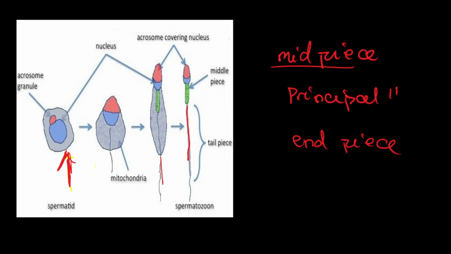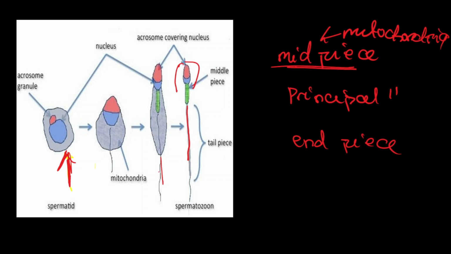Now, the middle piece of the spermatozoa contains mitochondria, and this mitochondria is what produces the energy for the locomotion of sperm in the female reproductive tract. Also, at the head piece, we have the acrosome.